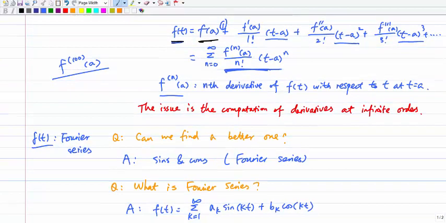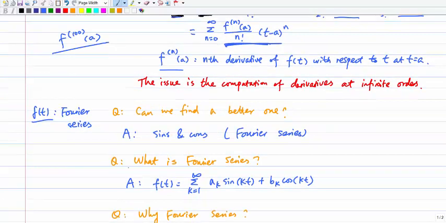So the next question is, what is the Fourier series? The goal is to write f(t) as a summation of a number of sine functions and cosine functions with parameters. You can see this is sine kt and cosine kt, for different k, as base functions.